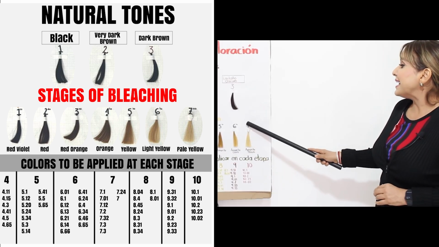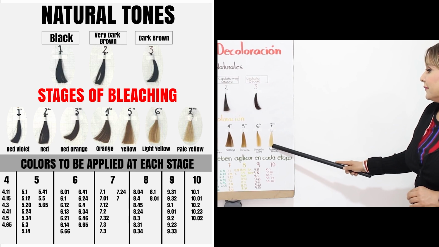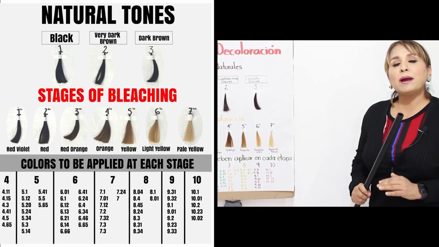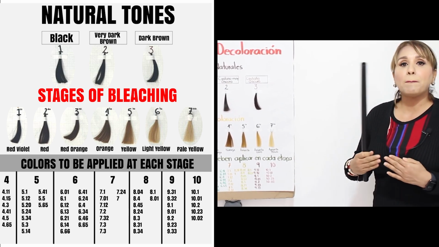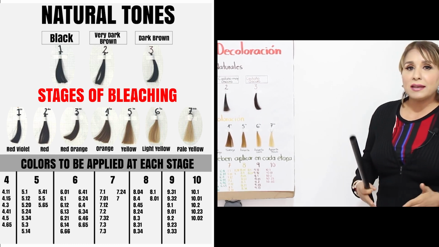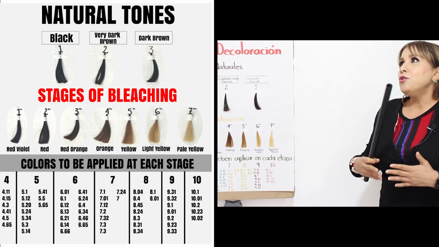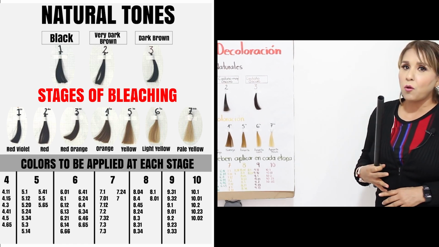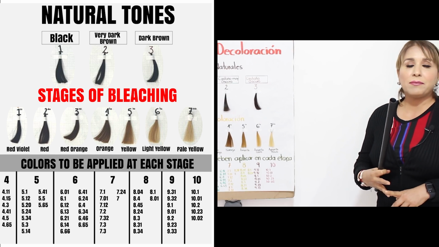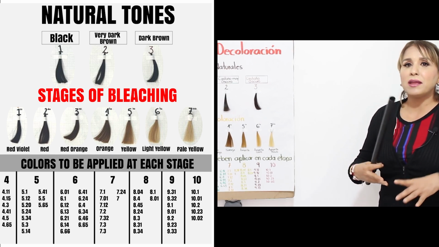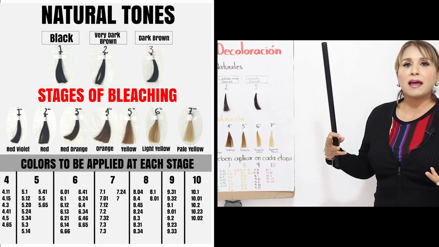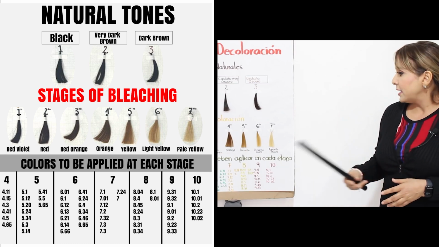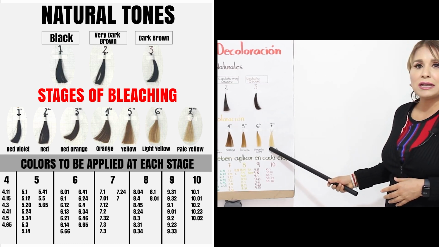To reach this stage, I recommend that you do it little by little so that you do not damage your hair, because it is not nice to have hair that breaks, hair that looks very damaged or has different shades when you want to achieve discoloration like this.